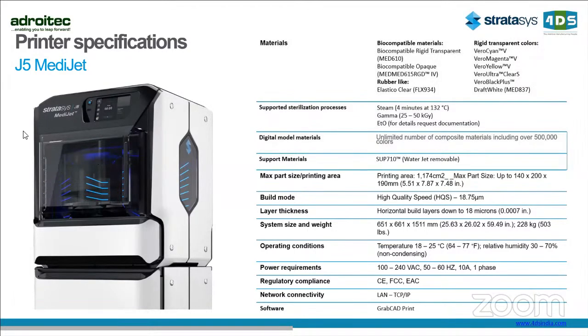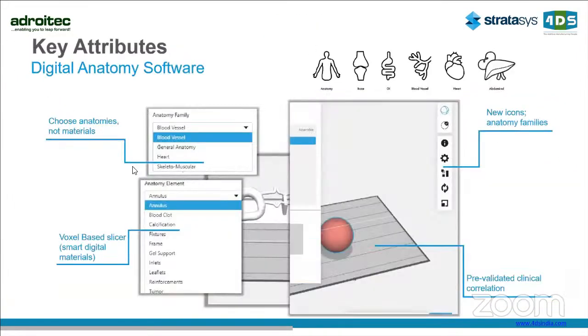We have a certified software for this called GrabCAD Print. In this GrabCAD Print, we can load the patient model like MRI scan and CT scan. You can see over here the anatomy family: blood vessels, general anatomy, heart, muscular, skeletal-muscular formation.